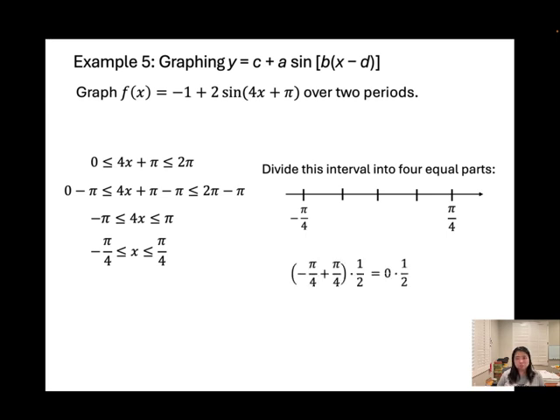Okay, check your work. You should get 0, negative pi over 8, and pi over 8.